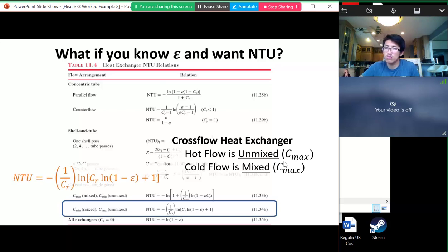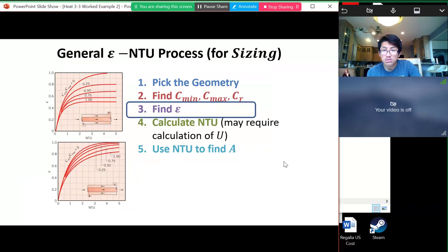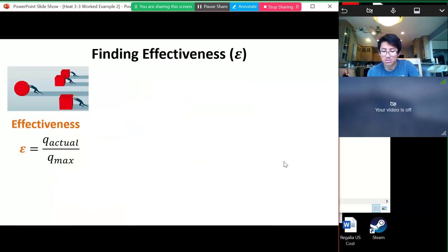So now I can find NTU if I know CR and I know effectiveness. And the nice thing is, in my process, I've already found CR. So if I knew what effectiveness was, then I could plug this all into my calculator and find a value for NTU. So the next thing that I have to do is find effectiveness, which is the next thing on my flowchart.